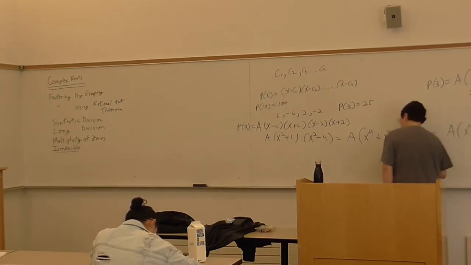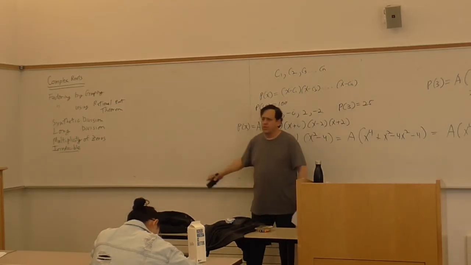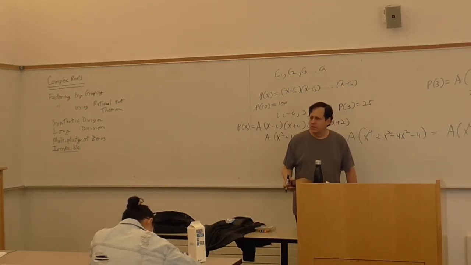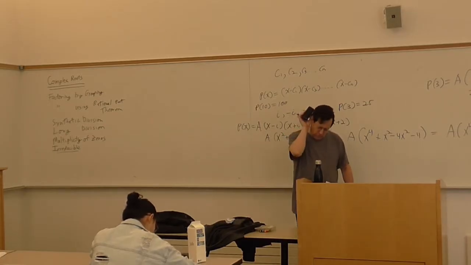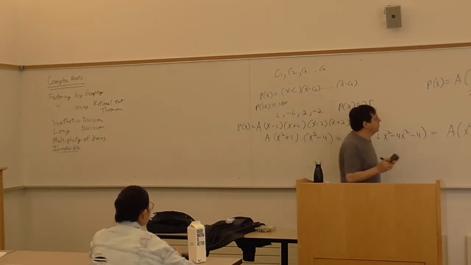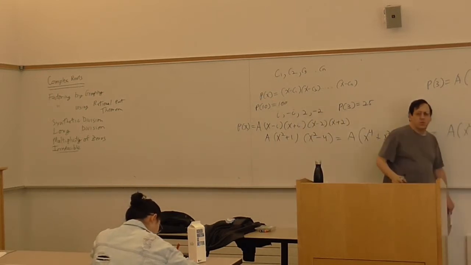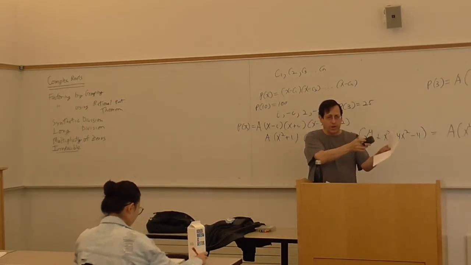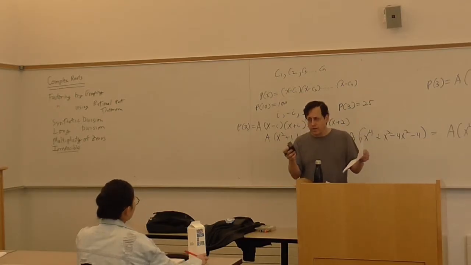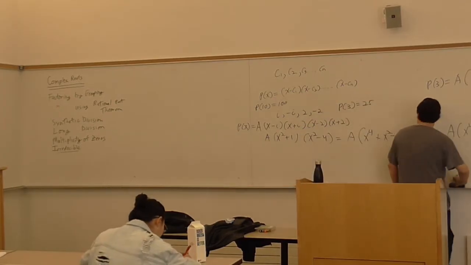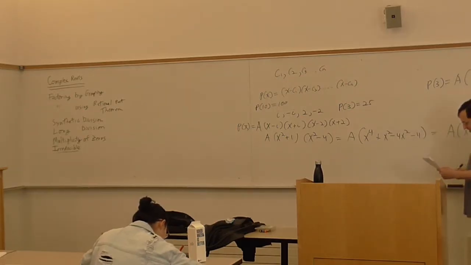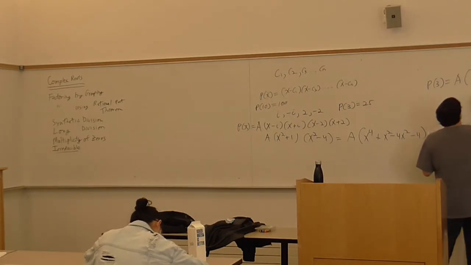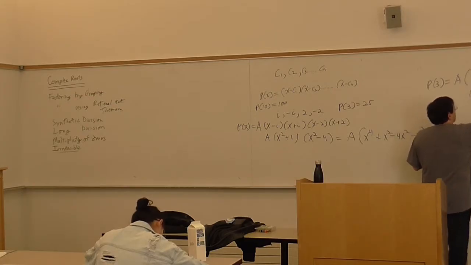What's 3 to the fourth? 3 times 3 is 9, 3 times 3 is 9, and 9 times 9 is 81. So it's 81 minus 27 minus 4.